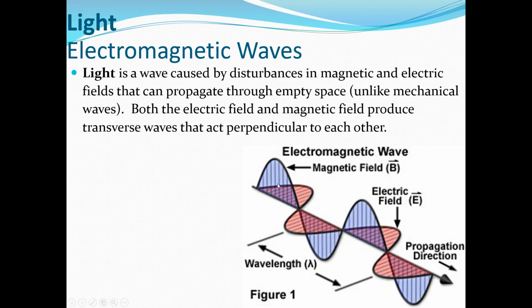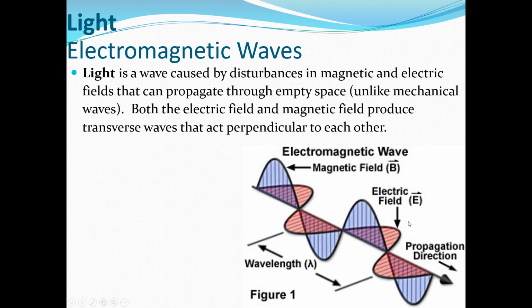The reason why they are perpendicular to each other, this is something that you'll learn in the E&M course. When you deal with electricity and magnetism, you'll realize that they have this type of right hand rule, perpendicular relationship to each other.